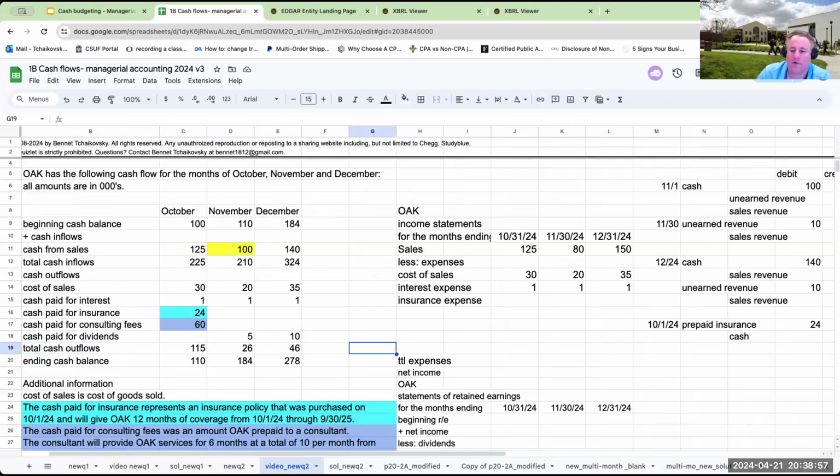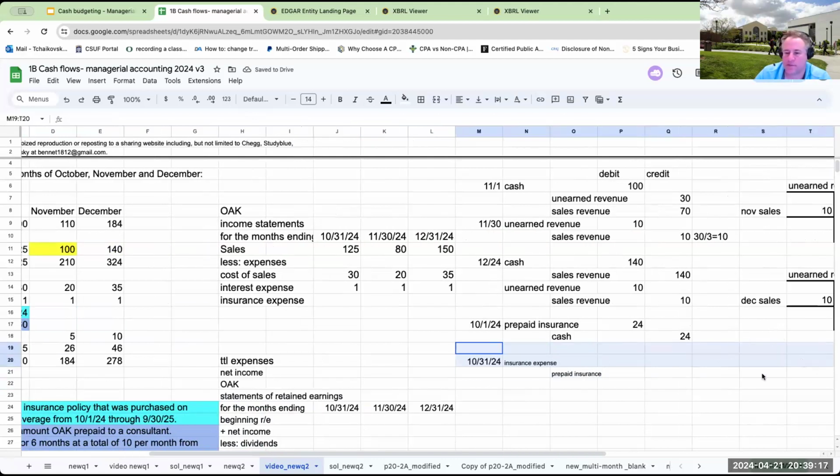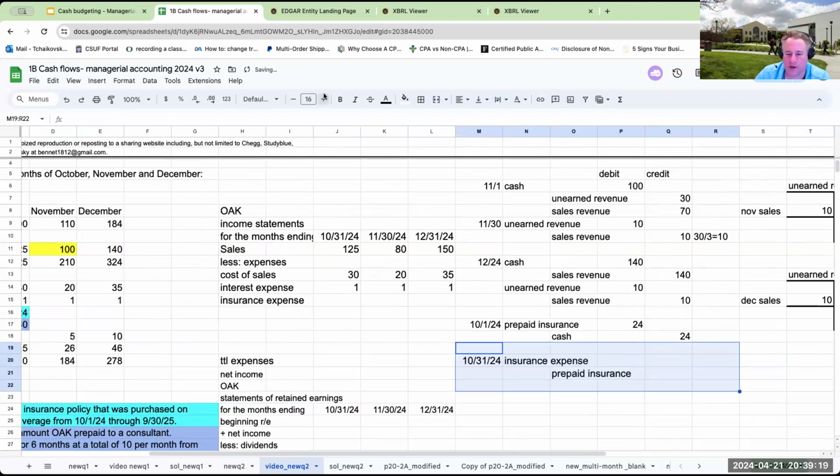Now, what happens at the end of the month on 10/31/24? We're going to put our mask on and go out and go trick-or-treating. But before then, we're going to go through and we need to record insurance expense. Right? When we have an insurance policy, the way we show the use of that policy is by debiting the expense, showing the use, crediting the asset. How do I record this?